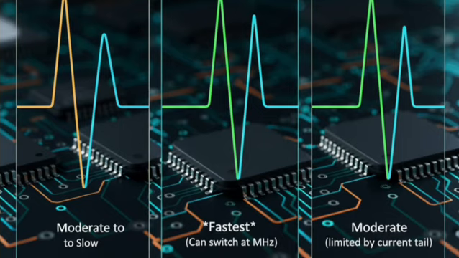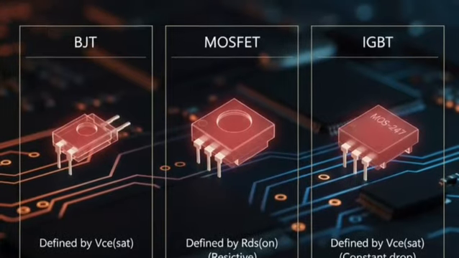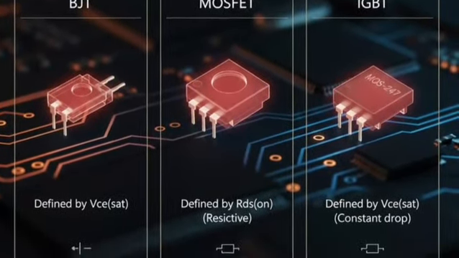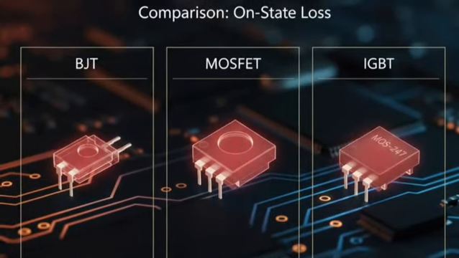Likewise, IGBT is moderate, limited by current tails. On-state loss is defined by VCE saturation in IGBT, whereas in MOSFET it is defined by RDS(on), which is resistive, whereas in IGBT it is defined by a constant VCE saturation drop.